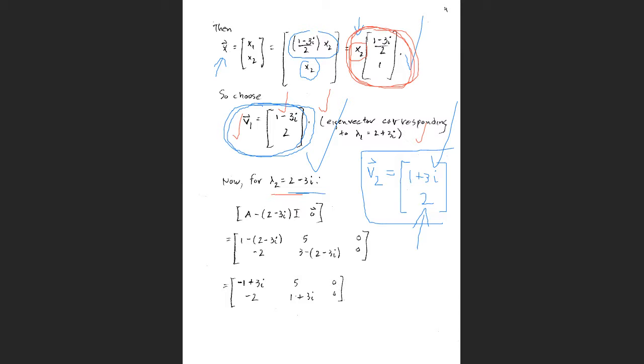Okay, so if you were to try to verify that this is an eigenvector v2, which equation do you want to use? The first equation or the second equation for this system of equations? Which row do you want to use?